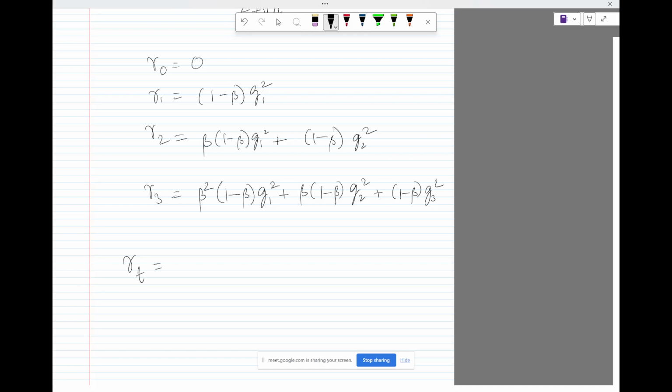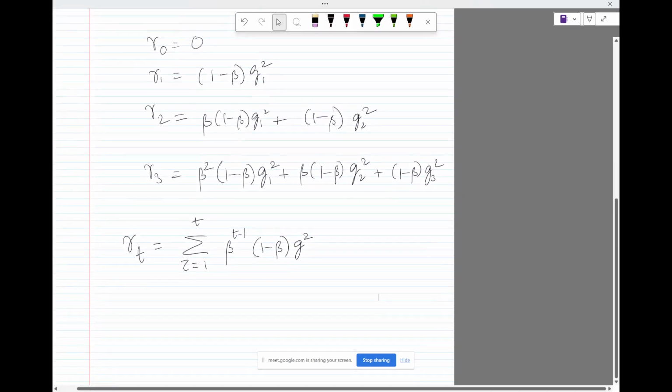So some RT will be the summation of beta power T minus 1 into 1 minus beta, G tau square, with beta power T minus tau.